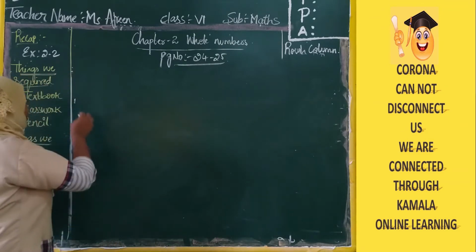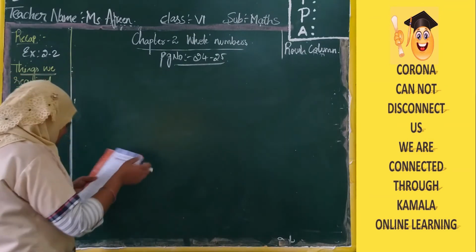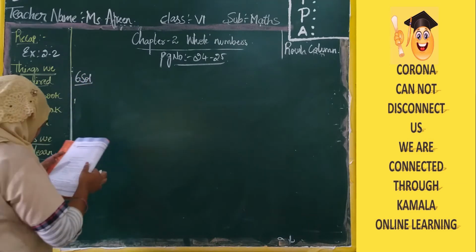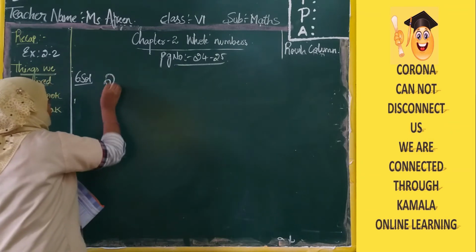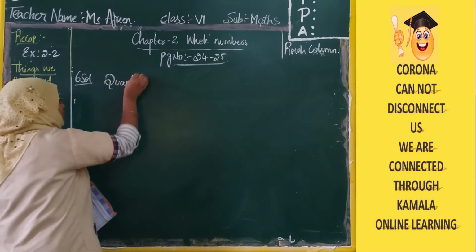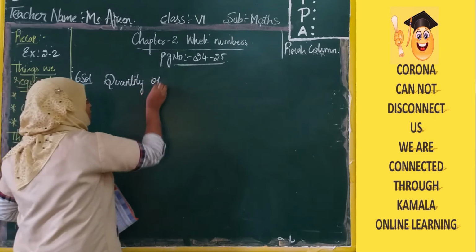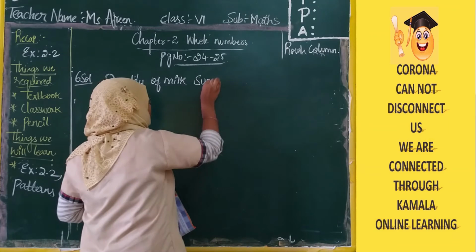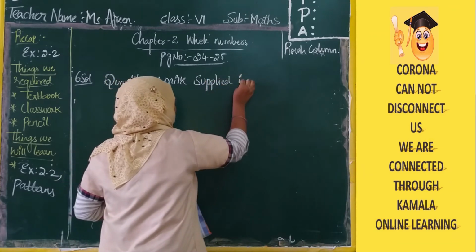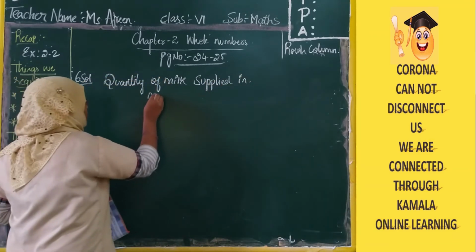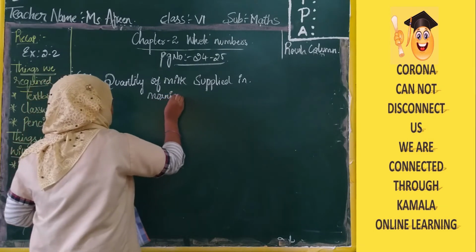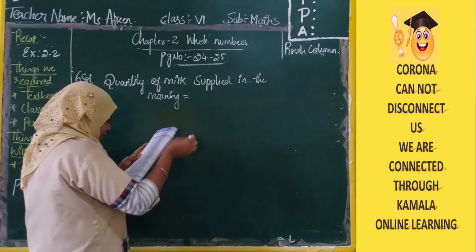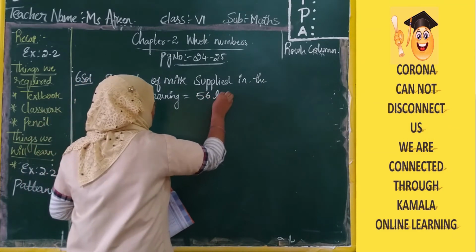So firstly we will start. This is the 6th one. Write down the complete question of the 6th one. Then you start. Quantity of milk supplied in the morning. How many liters have they supplied in the morning? He has supplied 56 liters of milk.